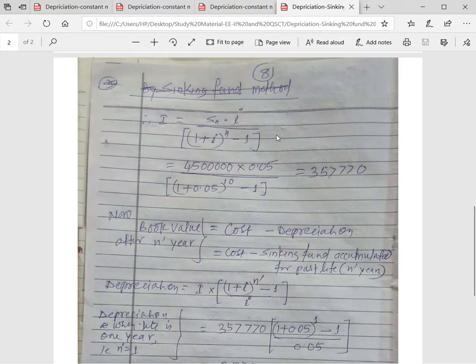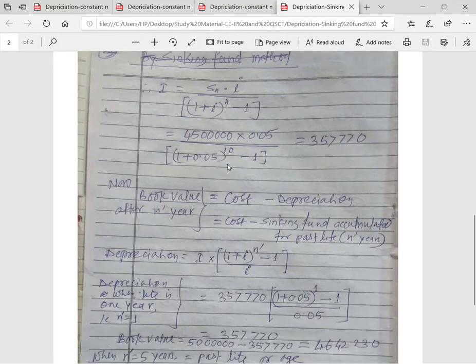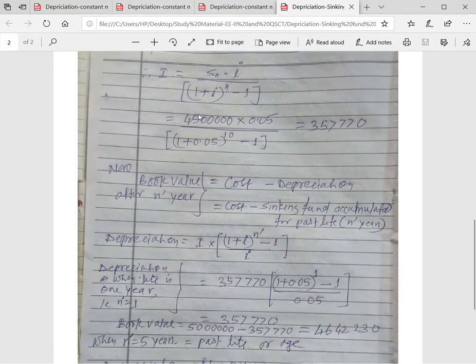We have discussed this formula in an earlier lecture. The amount of sinking fund installment we can work out as I equals Sn into i divided by, in bracket, (1 plus i) to the power n minus 1. Just keeping all the values in this formula, that is 45 lakh into 5%, meaning 0.05 as a decimal fraction, divided by bracket (1 plus 0.05) bracket close to the power 10 minus 1.